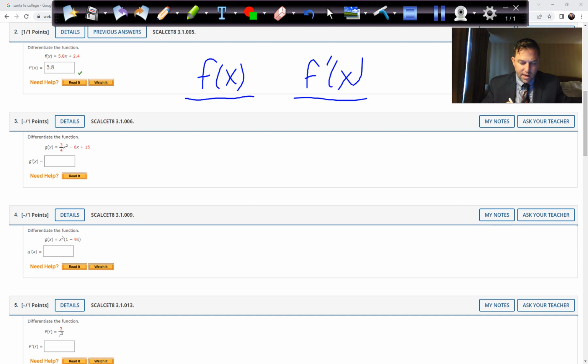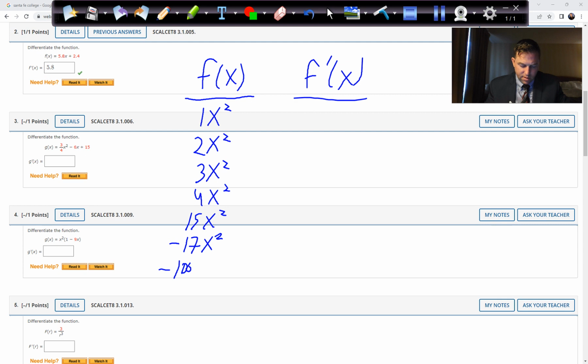So let's say I have 1x squared, 2x squared, 3x squared, 4x squared, 15x squared, negative 17x squared, negative 100x squared, and 19 halves x squared.